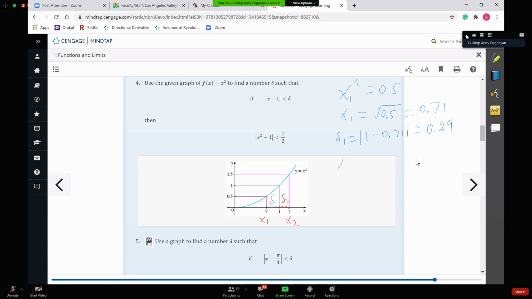Now, x2 squared equals 1.5. So x2 is the square root of 1.5, which is approximately 1.225. Now, delta 2 can be 1.225 minus 1, which is 0.225, or 0.23.